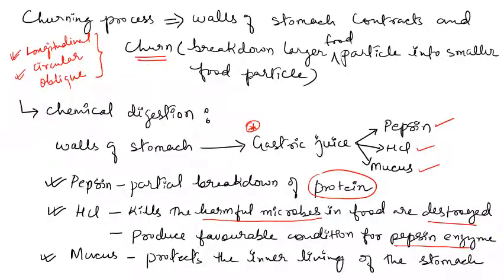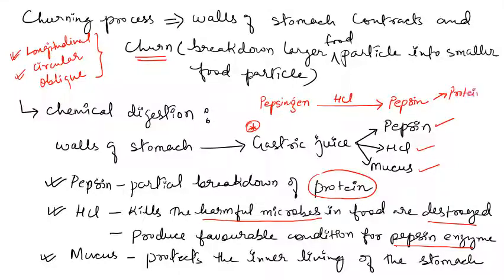Generally, pepsin is in the form of pepsinogen, the inactive form, and in the presence of HCl it will convert into pepsin, and this will help in the partial breakdown of protein.